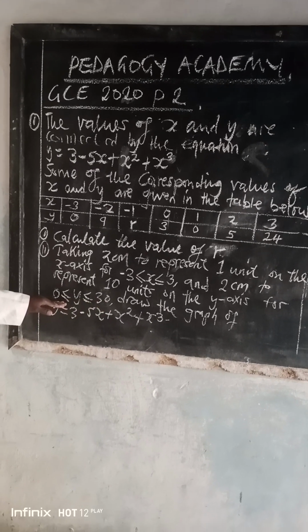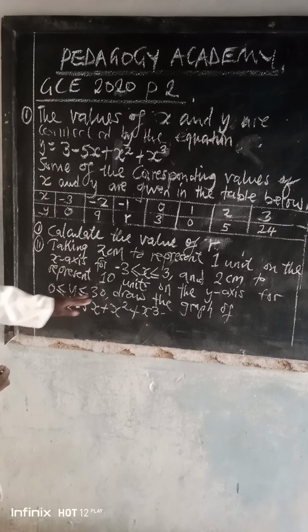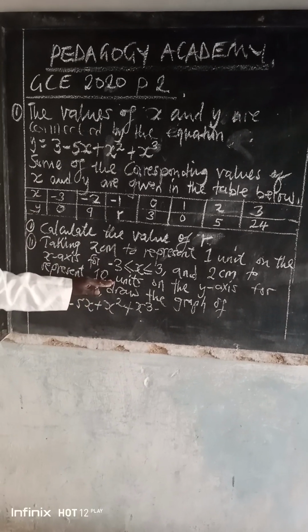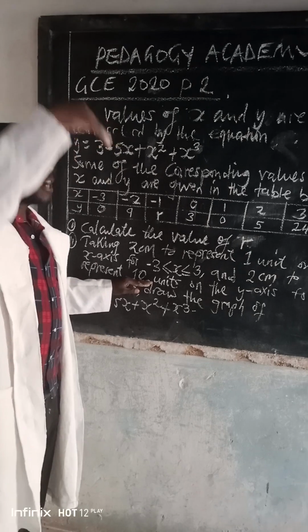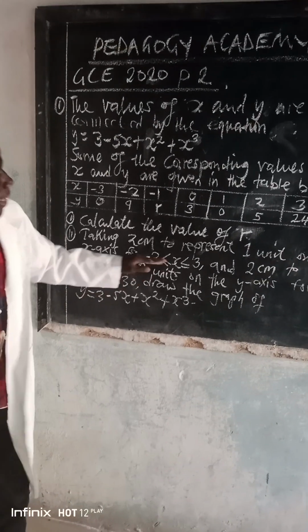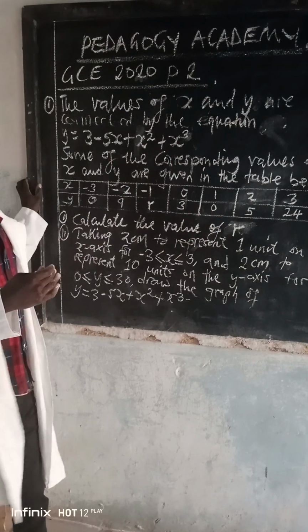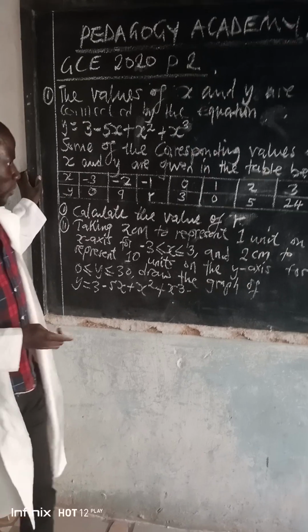It is also going to have 2 centimeters, but 10 units, which means 0, 10, 20, 30, 40, you go on. When they say 1 unit, they want natural numbers, counting numbers: 1, 2, 3, 4, just like that.